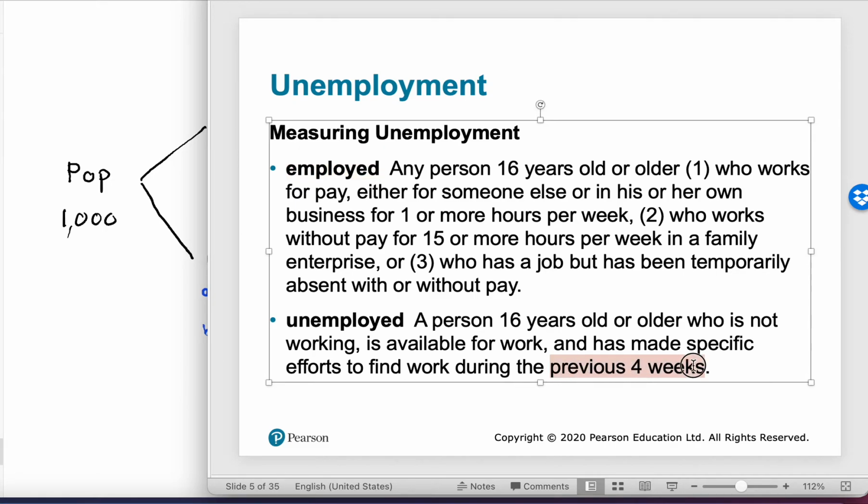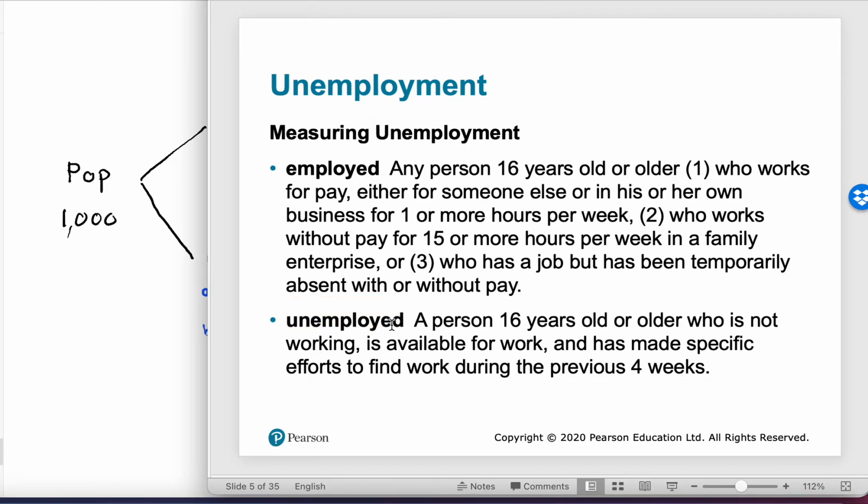For the previous 4 weeks, they have shown that they are filling in applications, going for interviews, and still none of those 3 cases apply, but they are considered as unemployed and they are in the labor force. So they show their eagerness to work and their ability because they're searching for a job, simply.